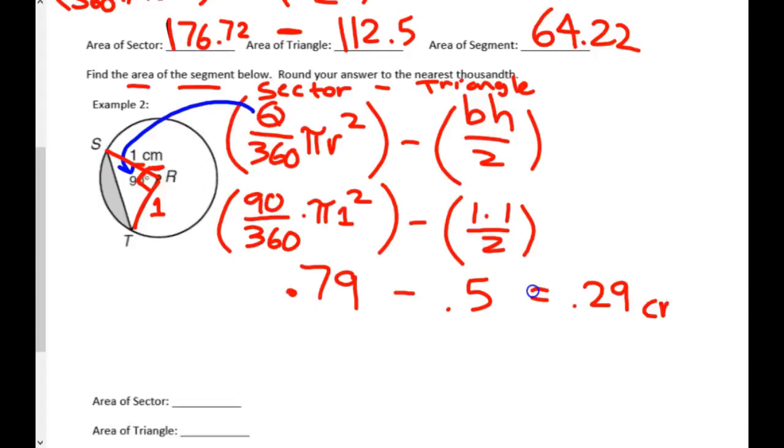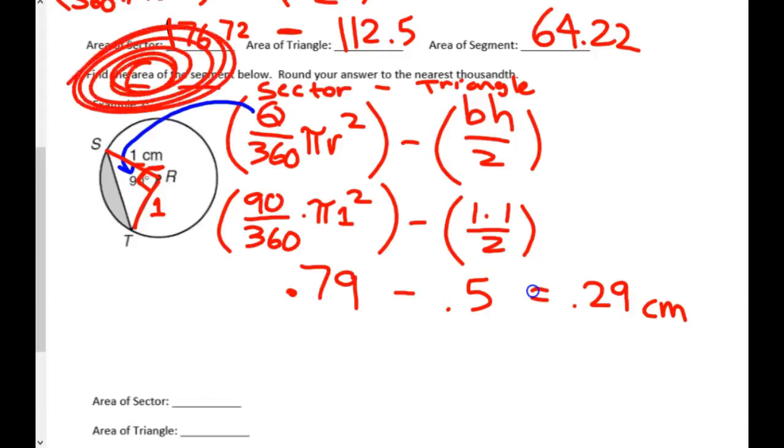Now, do you think these are centimeters, or centimeters squared, or centimeters cubed, or what is it? Squared, because there's this big key word right here. Area, right? So, centimeters, I'm going to put my squared on it. Ooh.